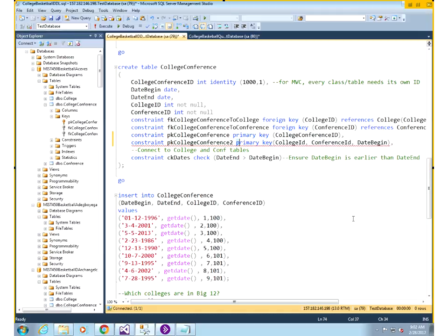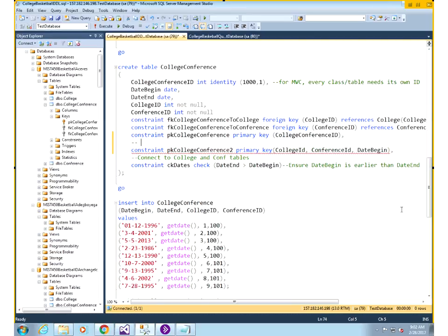So instead, does anyone know what he would use here instead of primary key? There is a concept called, the generic name is called alternate key, but the way you implement it, and this is where documentation in Microsoft will be useful, the way SQL Server implements it is with a keyword called unique.